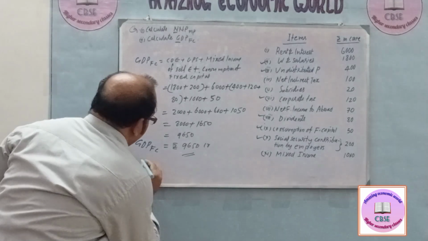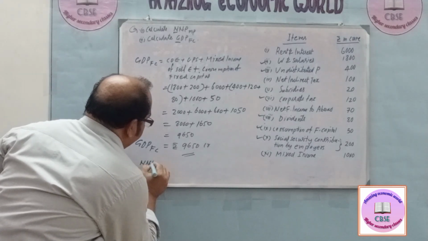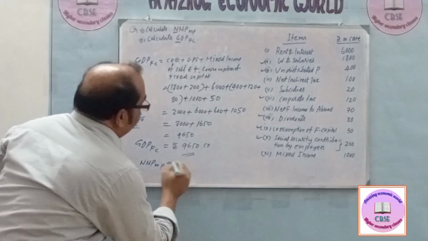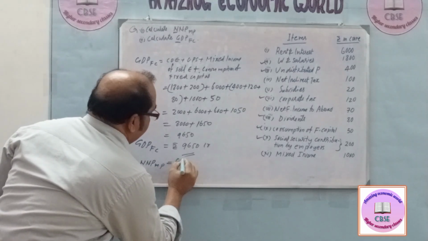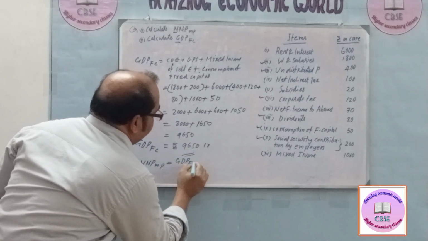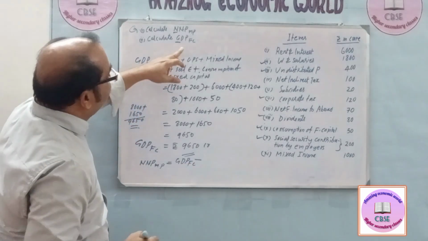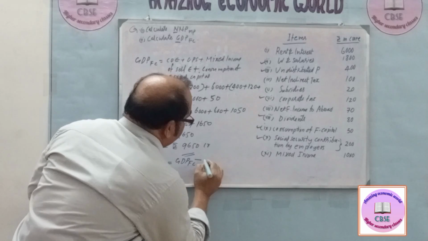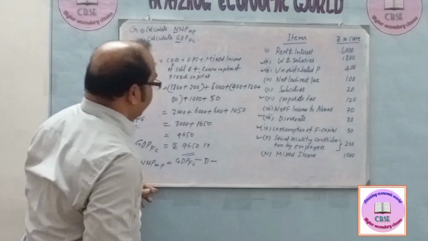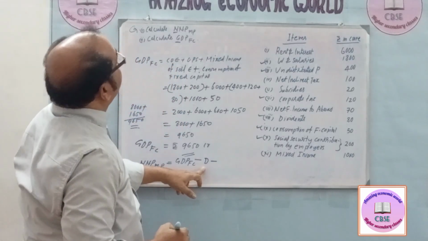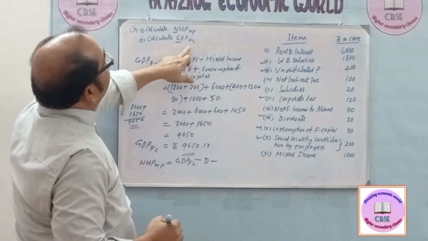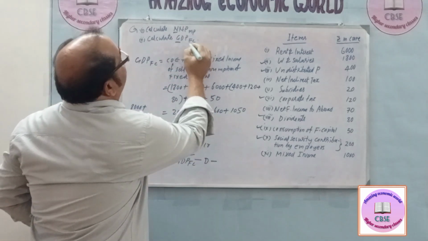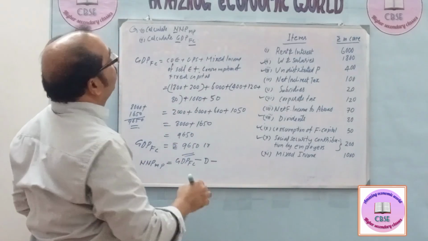NNP MP is equal to GDP FC minus depreciation, that is consumption of fixed capital. Then next, what do we have to do? This FC is to be converted into market price. How can we convert factor cost into market price?